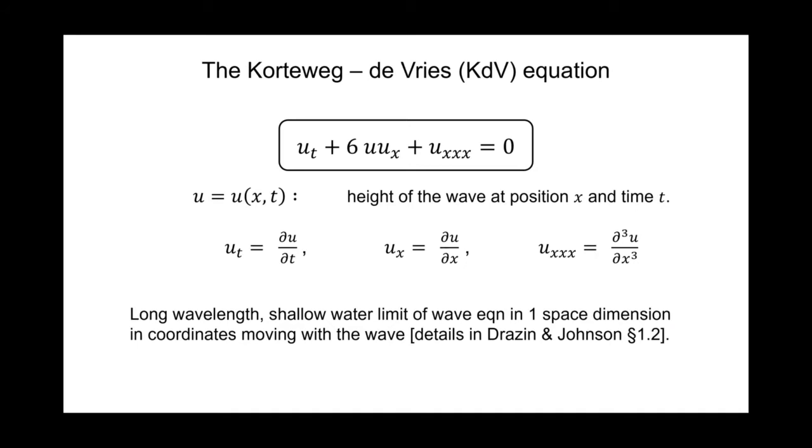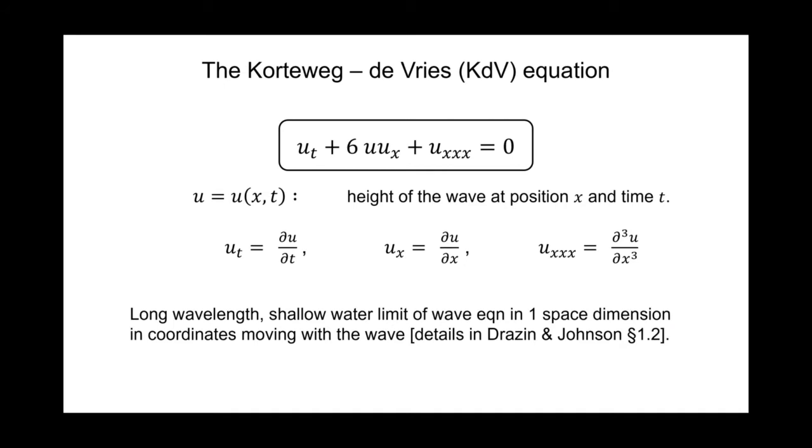It took about half a century after John Scott Russell's observation for a mathematical equation to appear, which can describe the empirical observation made by John Scott Russell. This is known as the Korteweg-de Vries or KdV equation that we see here. We'll look at the various terms in a second. It was written down by 2 Dutch mathematicians called Korteweg and de Vries in 1895.